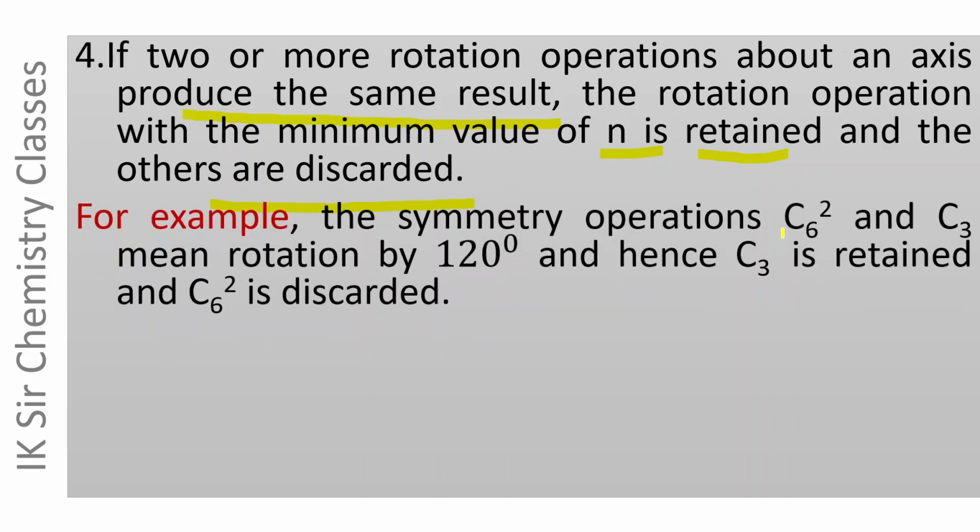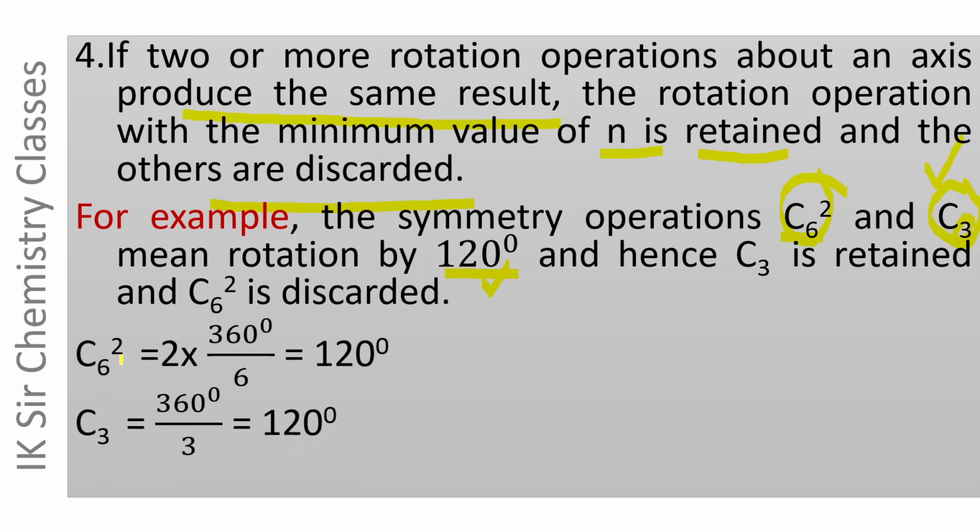The symmetry operations C6² and C3: C3 means rotation by 120 degrees. Both these symmetry operations involve the rotation of the molecule about an axis by 120 degrees. Hence C3 is retained. Here n is lower, and here n is 6, which is higher. C3 is retained while C6² is discarded.